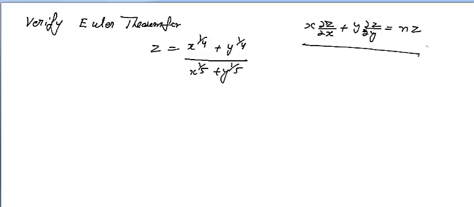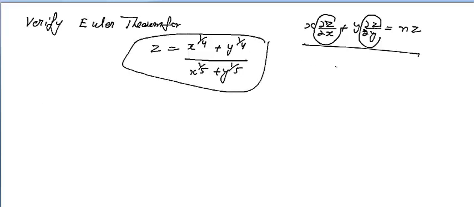So let's start with the solution. You have to prove with derivative of z with respect to x and with respect to y. Even before that, you have to check whether it is homogeneous or not. Otherwise, it need not be verified. If it is not homogeneous, then you will not verify it.